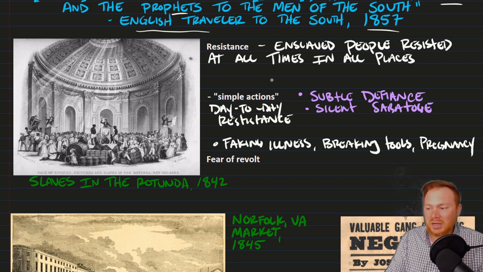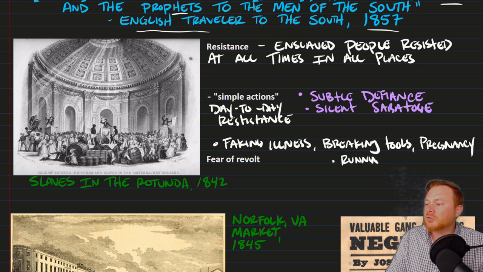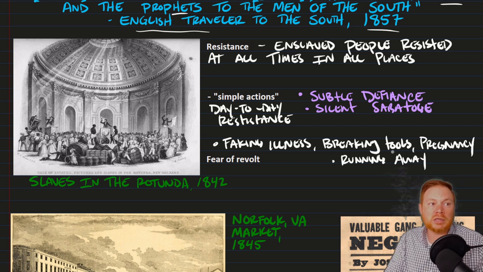Now, one form of resistance that is worth noting here is running away. Your textbook does identify running away as in the same vein as these simple actions, though I will make the caveat that this was, in many cases, the most effective form of resistance for reasons that are very specific to the United States.